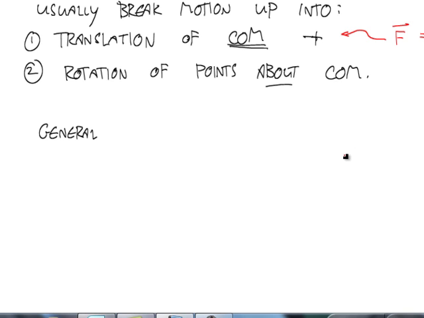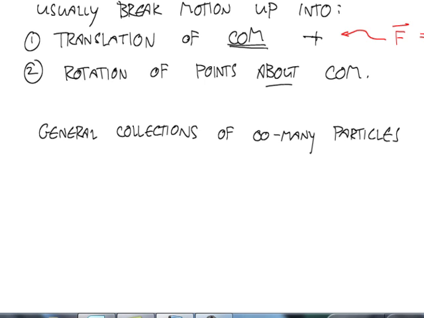Okay, so let's talk about first basically what we don't know about general collections of infinitely many particles, like a blob of pudding.